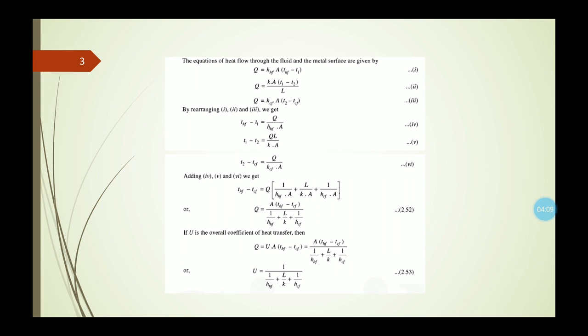So from Newton's law of cooling, considering the notations for this overall heat transfer coefficient, we can write capital Q equals H suffix HF multiplied by A, the area, and the temperature difference, THF minus T1.